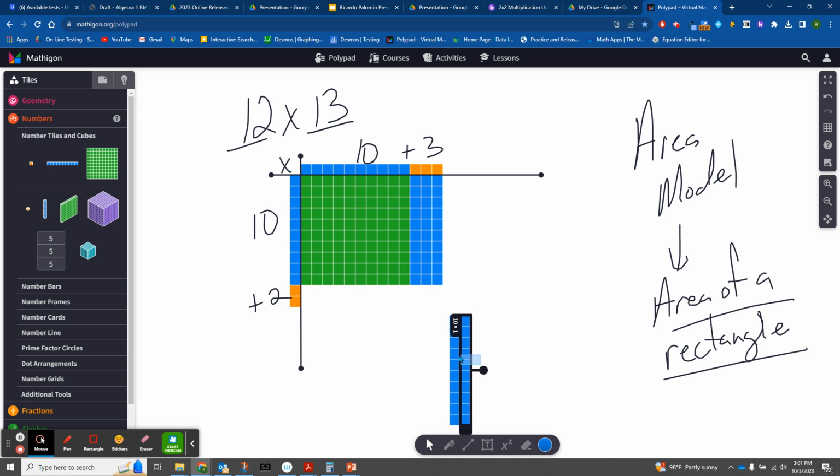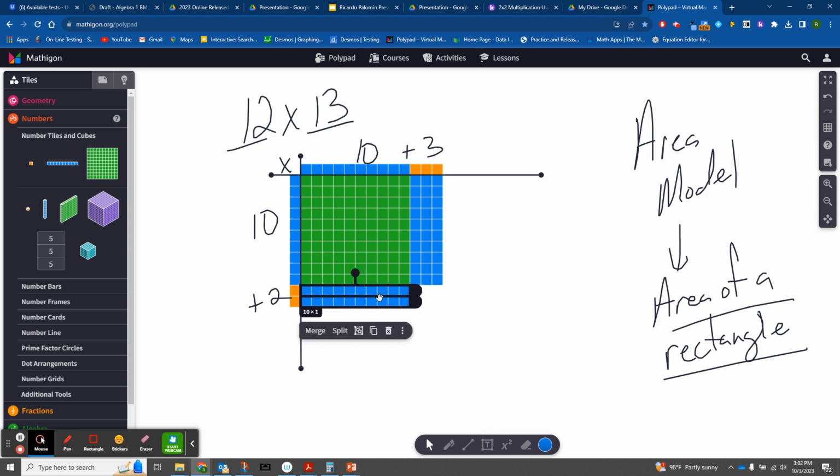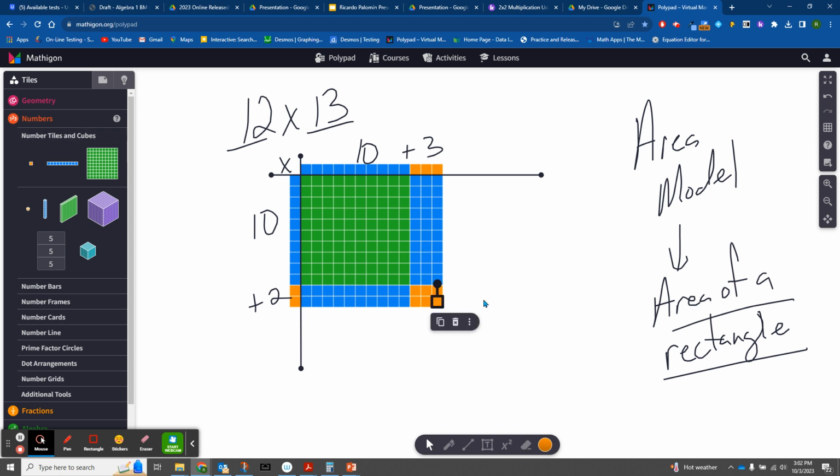Because over here in the bottom corner, I know that 2 times 10 is 20. And then all I got to do is fill this little corner, which is 2 times 3, which would be 6. And there it is.